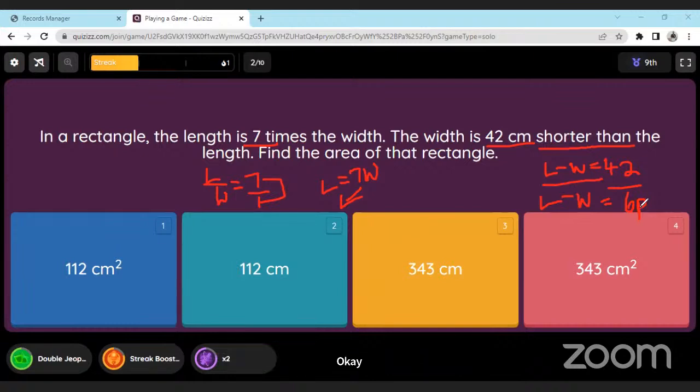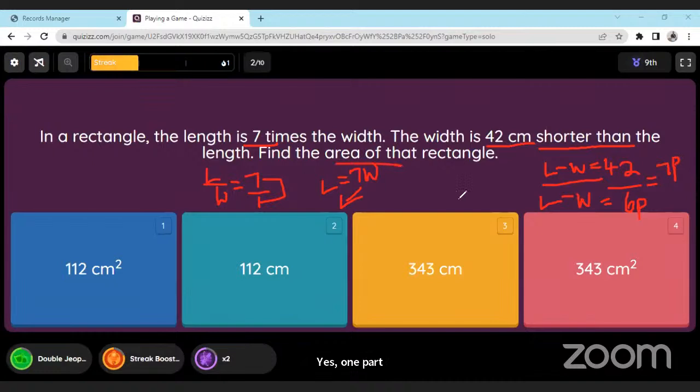So if this is 6 parts and this is 42, then one part is 7. The width is 1 part, 7. Find the area.